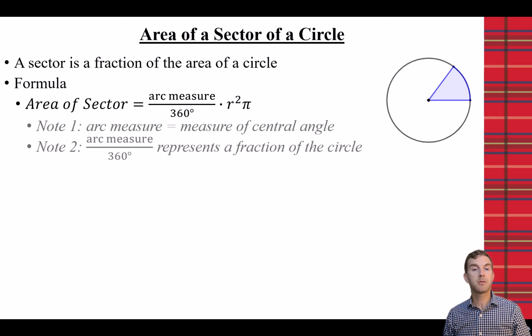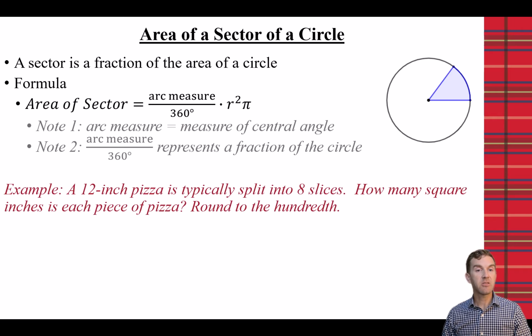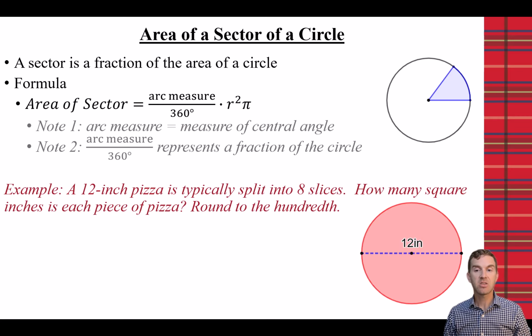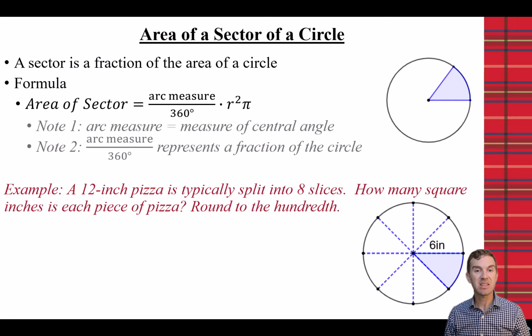So I can get a problem where maybe they say this instead of giving me an actual arc measure like we had in the previous problem. Here, we're told that a pizza is cut into 8 slices, and we want to know how many square inches is each piece of pizza. We're not given an arc measure, but we do know the circle has been cut into 8 equal sections. So that means when we think about the circle, we're looking at 8 different slices, with each of them having a radius of 6 inches.